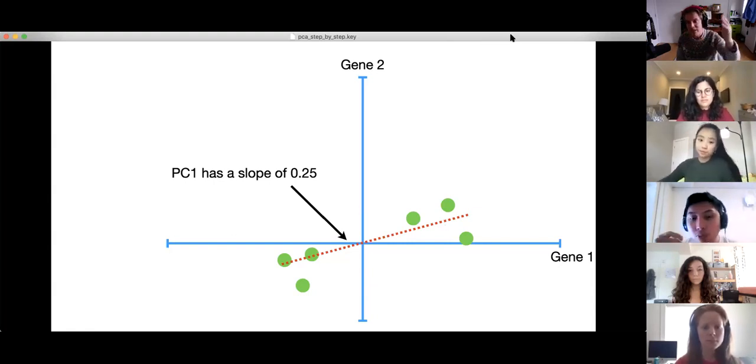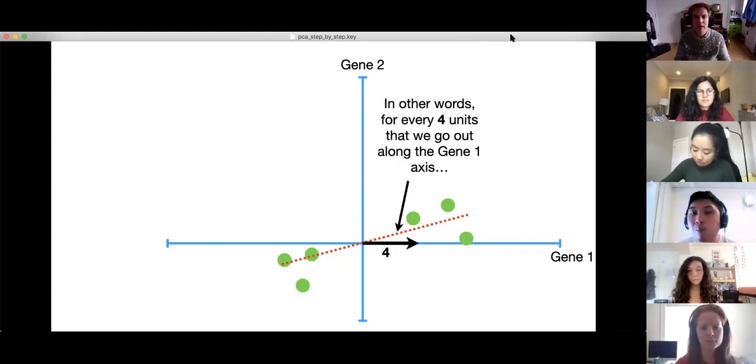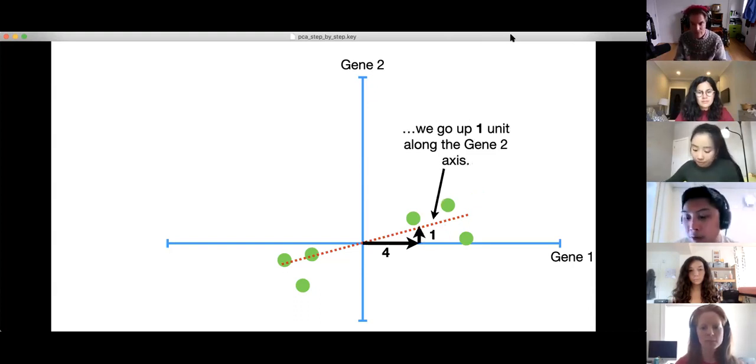So we're not just guessing at what this slope is. We define it. We say, we're going to see what the sum of the squared distances is for a line with slope 0.25. And we go, hey, wow, these are the best.